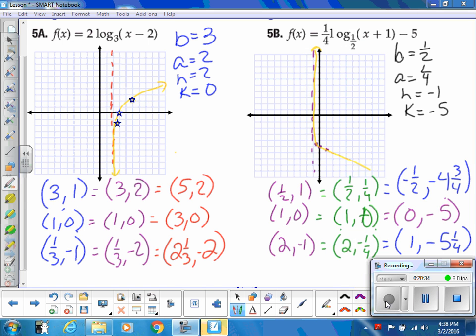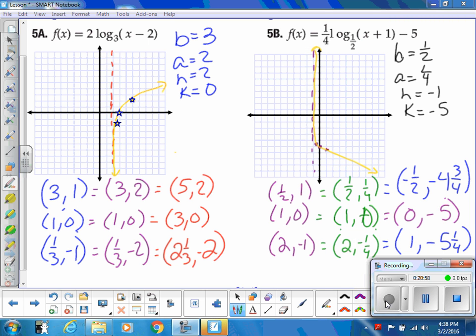All right. On the other one, I notice I have a B of 1/2, an A of 1/4, an H of -1, and a K of -5. So I started off with my B, 1, 1, 0, 1 over B, -1. So 1/2, 1, 1, 0, and 2, -1. I have an A of 1/4, so I have to multiply that in.